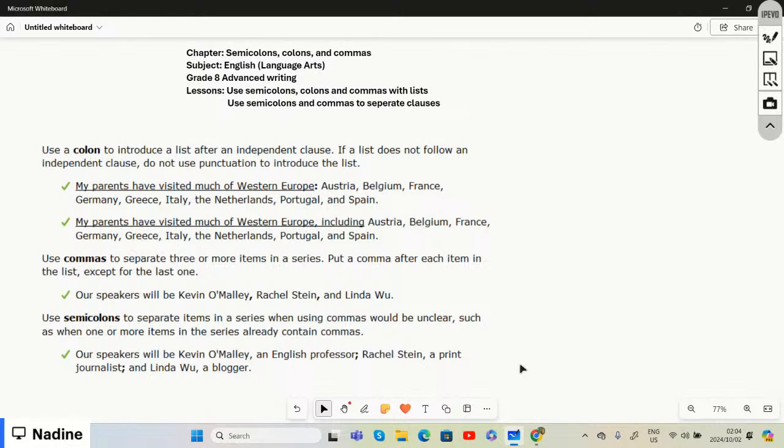All right. So when it comes to semicolons, colons, or commas, we're first going to go over what a colon is, what commas are, as well as semicolons. If you look at the signs, it's almost like a combination of all three, colons, commas, and semicolons.